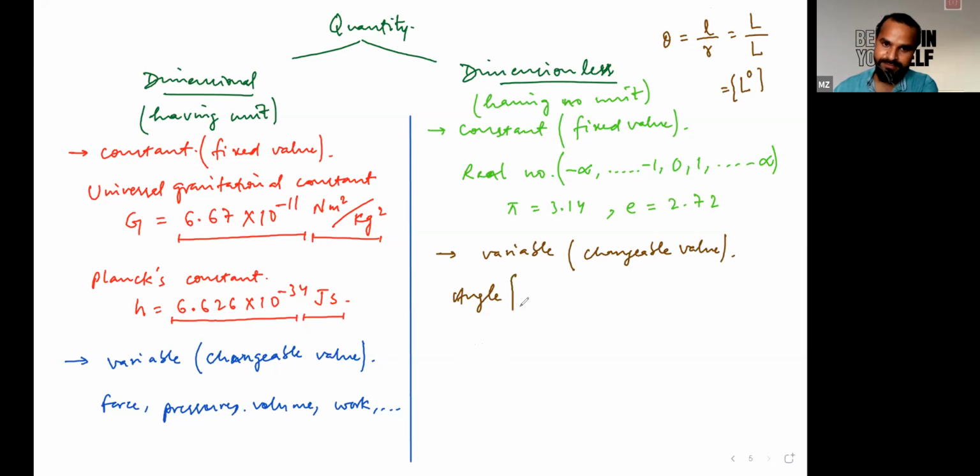So we can say angle is the only quantity having unit as radian, but still it is dimensionless.